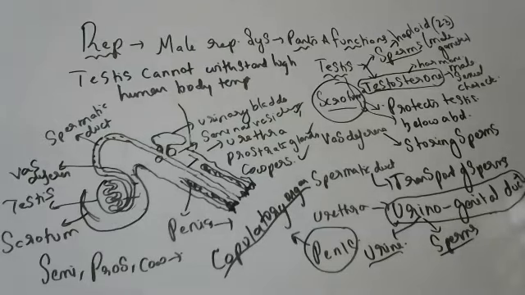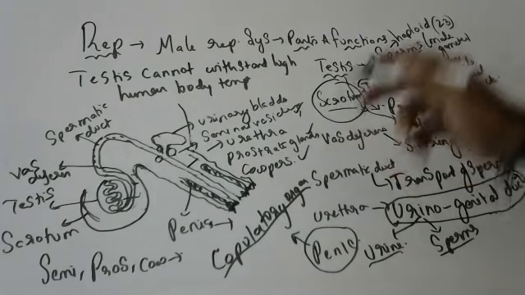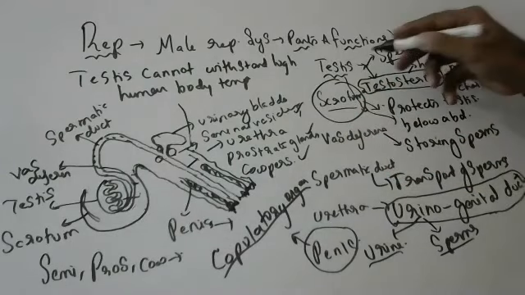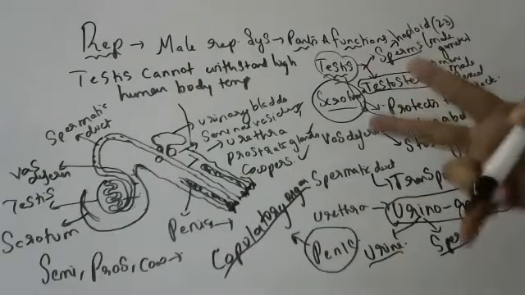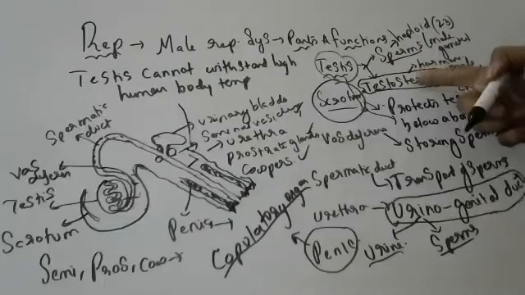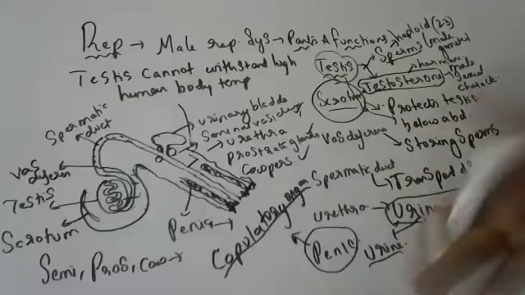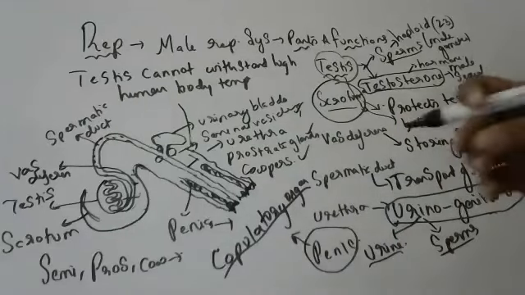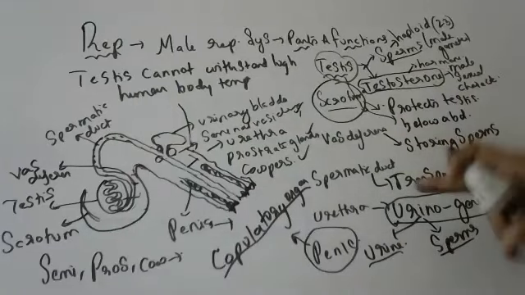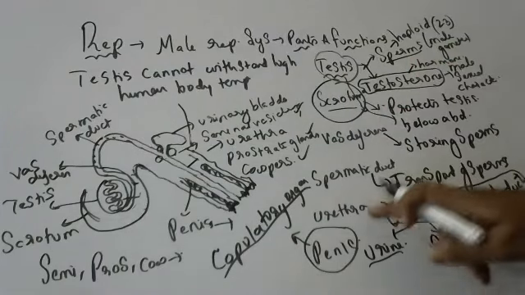Copulation means sexual intercourse. Okay, children, listen, I will say each part's function again slowly. Testis has two functions: production of sperms and the hormone testosterone. Scrotum's function is just to protect the testis. Vas deferens stores and passes; spermatic duct transports sperms.